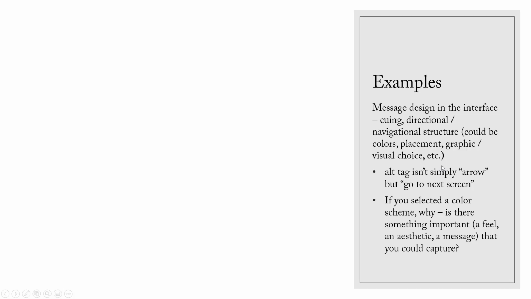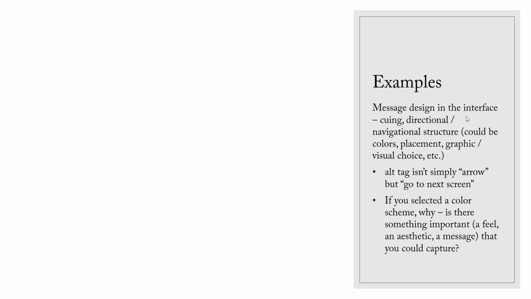Well, let's look at an example. Some examples of this include message design in the interface. Specifically, there's a lot in interface design that is about cueing, or sending that stimulus, or the directional or navigational structure.